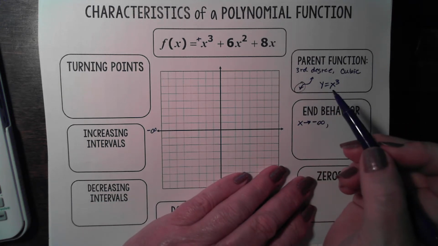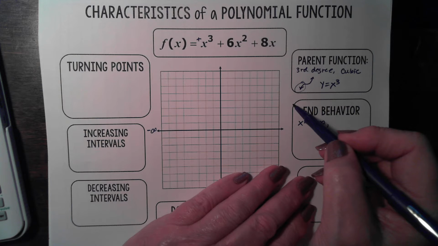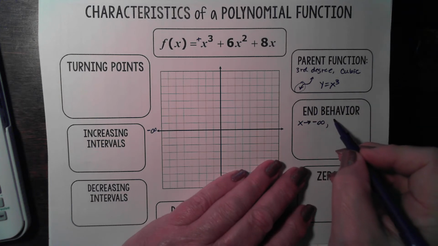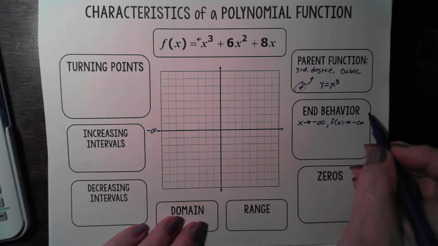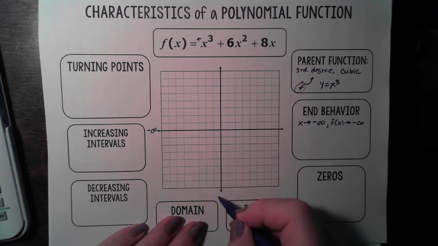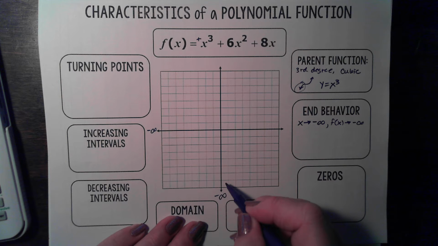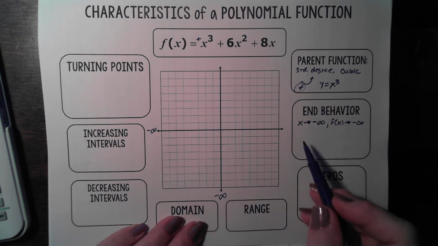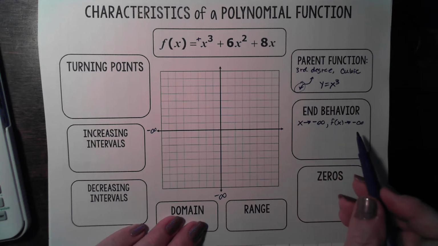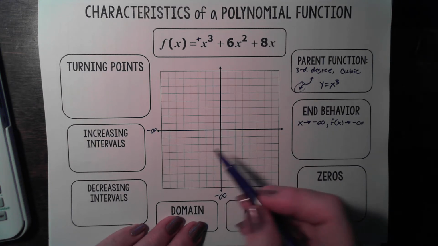Well, we can see here on the parent function, it's going down. To say going down, we say that the function is approaching negative infinity, because this being our f of x axis, it's going down to negative infinity. So as we look to the left, it's going down. We're saying as x goes to negative infinity, the function is going to negative infinity. And that just means down.